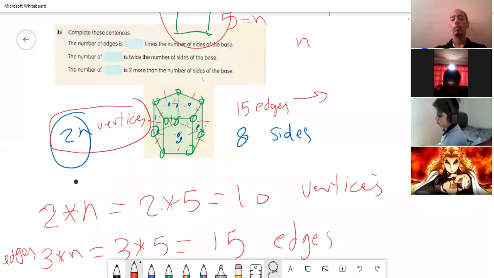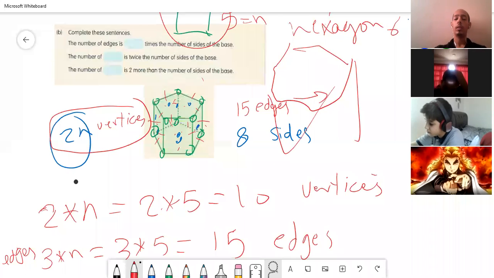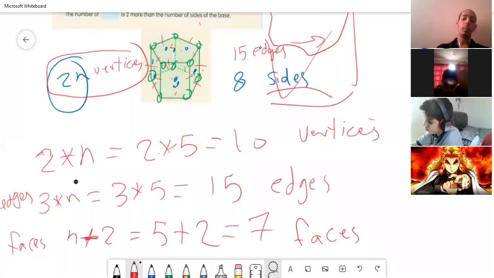If you have a hexagon, a hexagon has 6 sides, and if this hexagon makes a 3D shape like this, then you make n equals 6, and then you find the number of vertices, edges, and faces.